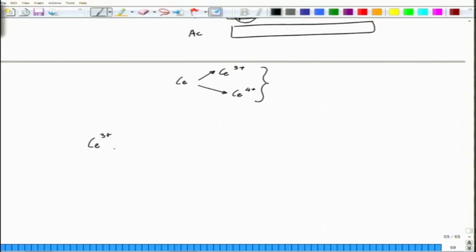Ce3+ does something very interesting. Ce3+ has to get oxidized to become Ce4+. But if it has to get oxidized, essentially it will have to give away an electron.